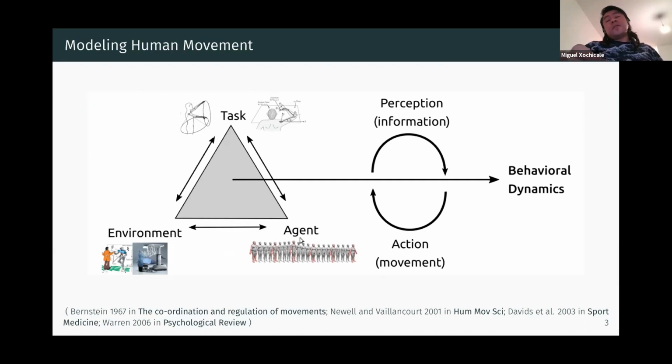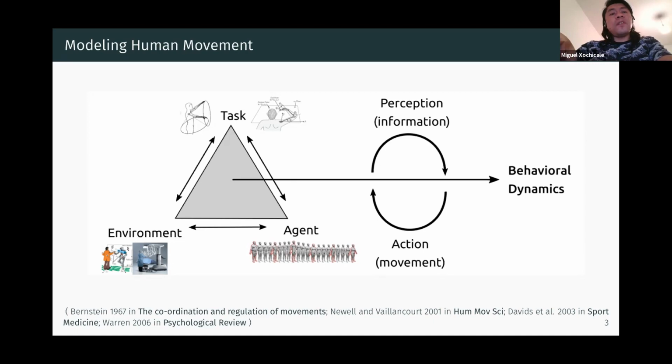Then the agent will be a person, where different factors like gender, age, or health state will affect the way one person moves, and of course the activity that you may perform in this environment. Related to this, you have how you perceive this information and then how you move. That leads to the concept of behavioral dynamics that involves all these variables.